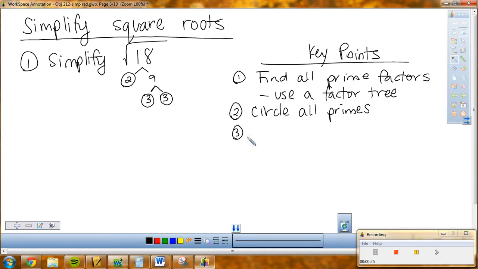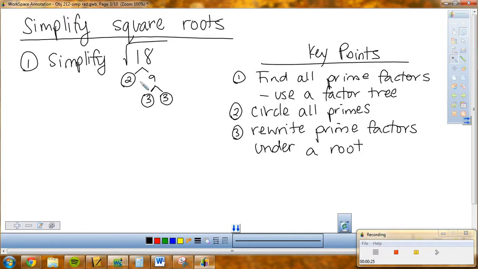Step 3, I want to rewrite your prime factors under a root. So I found that 2 times 3 times 3 gives me 18, so I can write that under one root. 2 times 3 times 3.